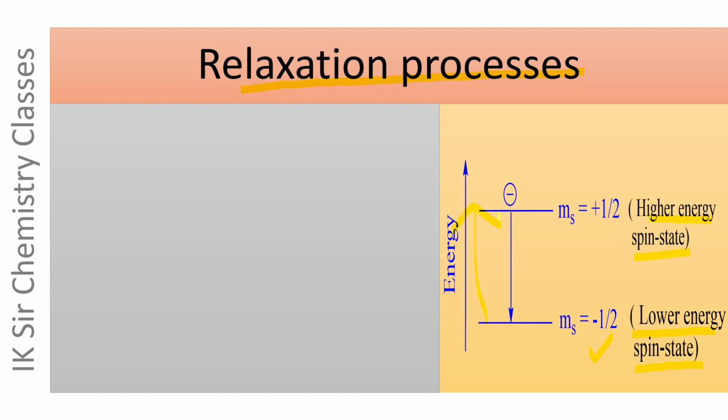Once the electron is excited to the higher spin state, its average life is about 10 to the power minus 7 seconds. It immediately comes back to the lower energy spin state.